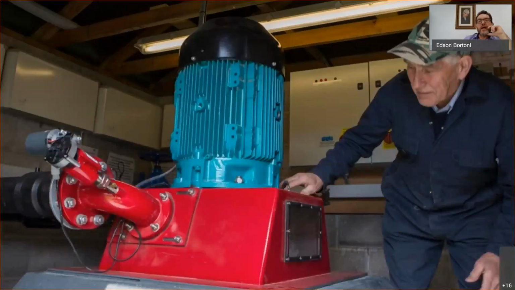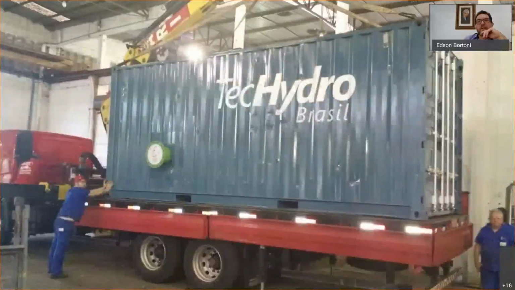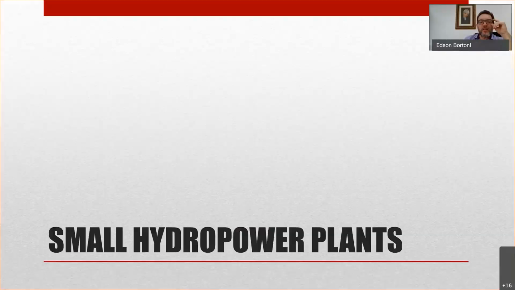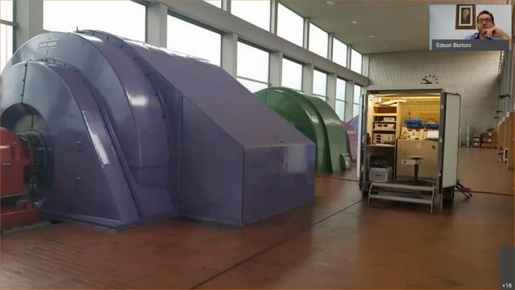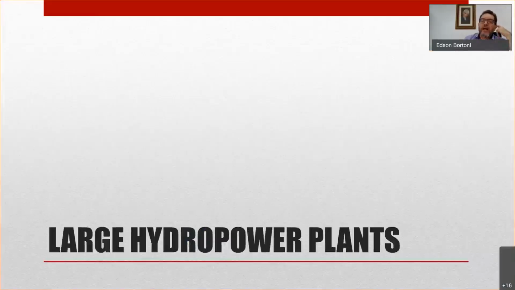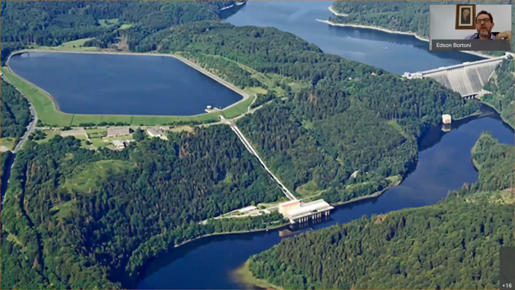And then you may have micro hydro generation. Containers, mounting containers, small power plants, and the large power plants. Here we have a power plant, and here is nice because we have a pumped storage power plant. Let's talk about that later.